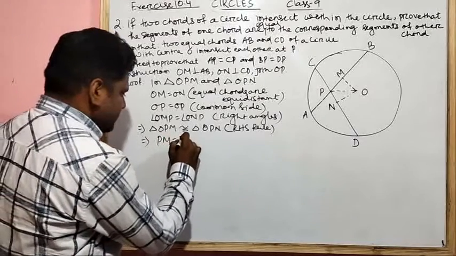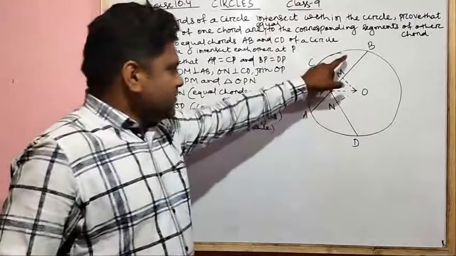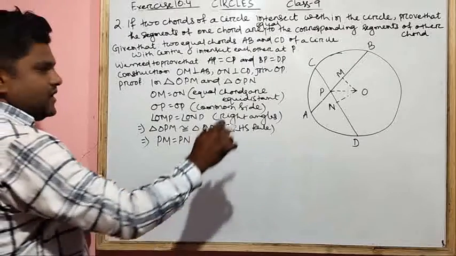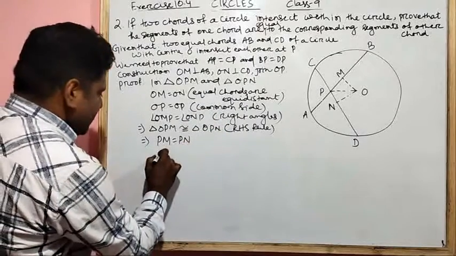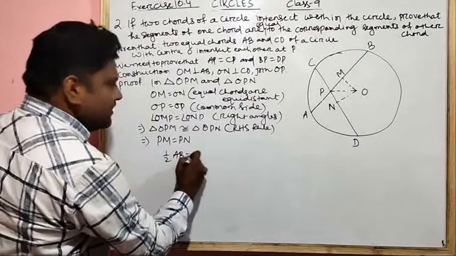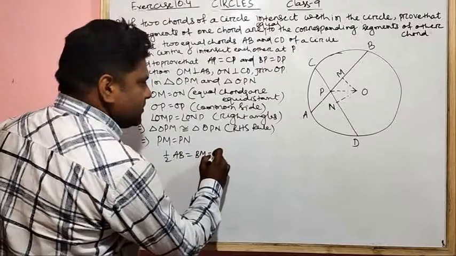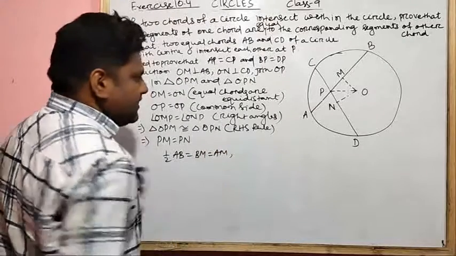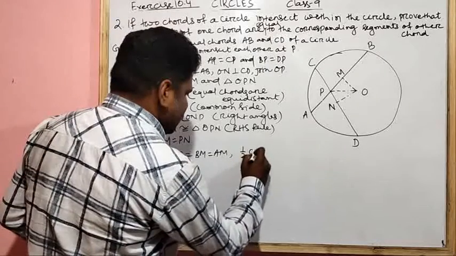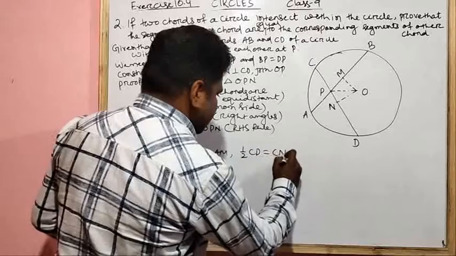Now OM is perpendicular to AB, so we can write half of AB equal to BM, or that is also equal to AM, and ON is perpendicular to CD, so we can write half of CD equal to CN and DN.